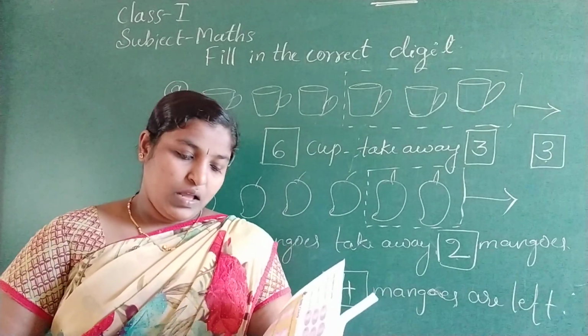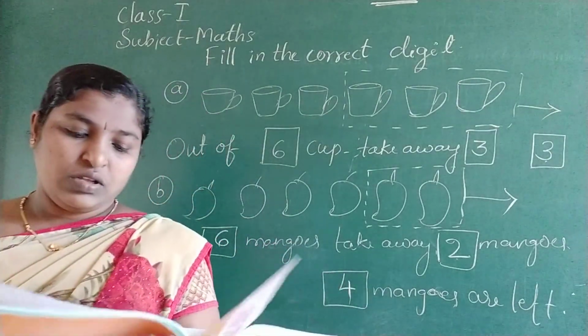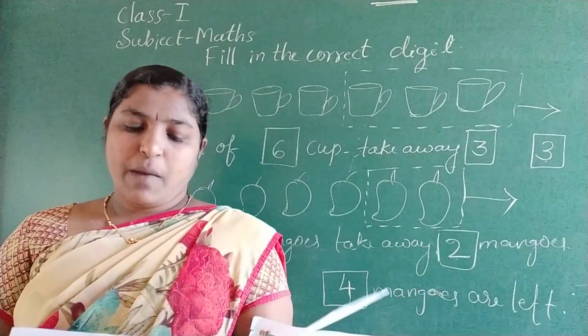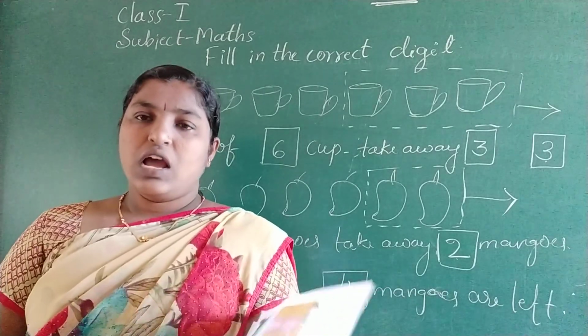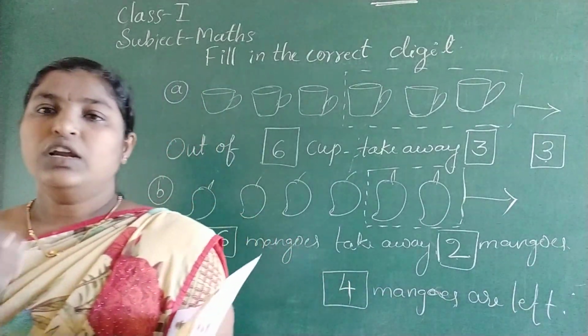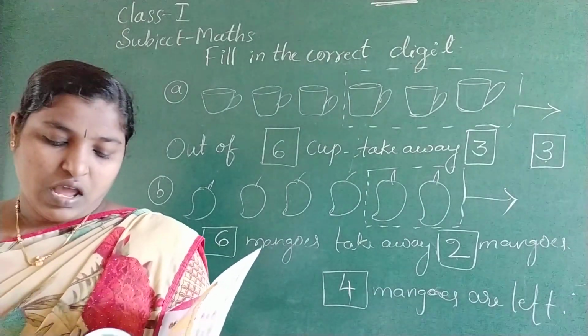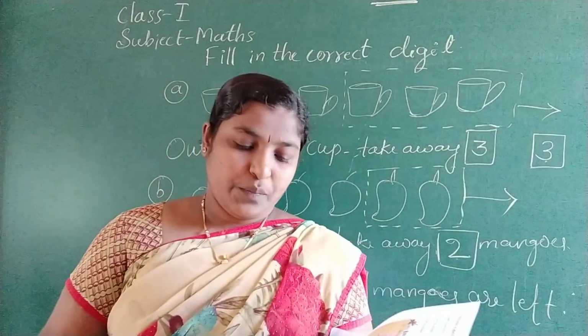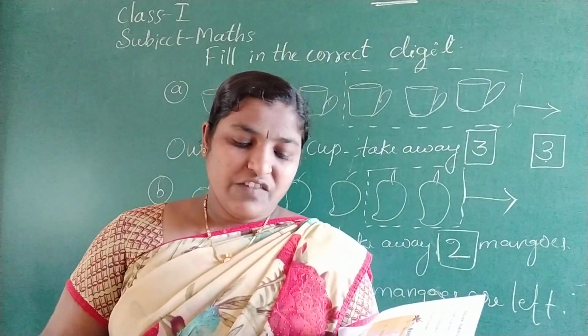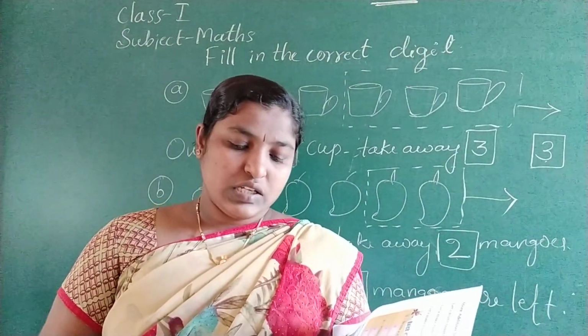Next, look at the textbook. 5 strawberries minus 3 strawberries and left over 2 strawberries. Horizontal subtraction and vertical subtraction. Let us find 7 minus 3 by drawing lines.